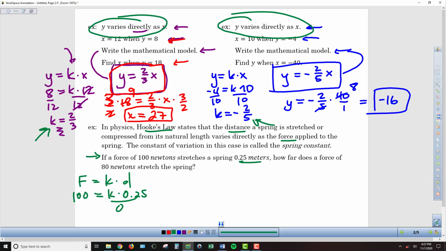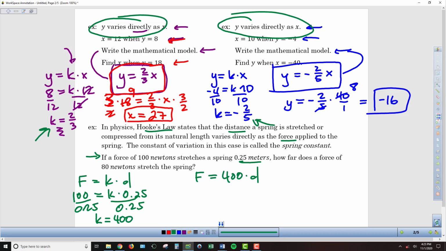If I divide both sides by 0.25, I can push buttons on my calculator, or if we do it in our head, we'll see that K is equal to 400. So now my model equation in this case is F equals 400 times D. For this particular spring, the K value is 400. For some different spring that either has more tension or less, that K value would be different.